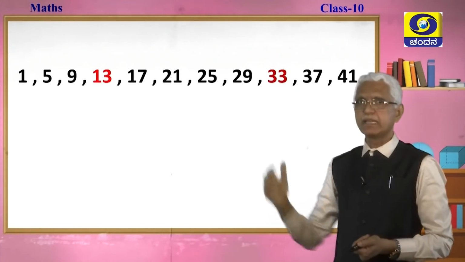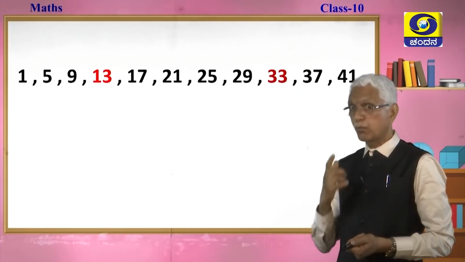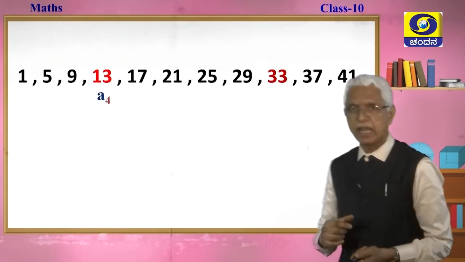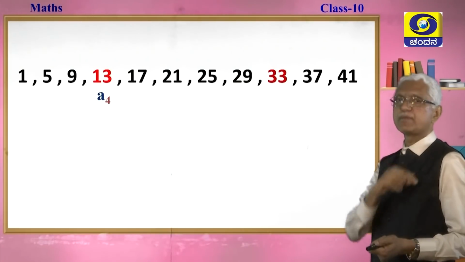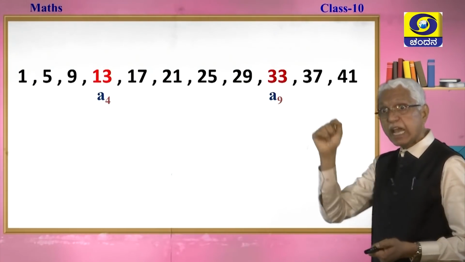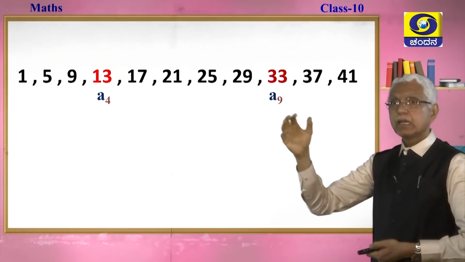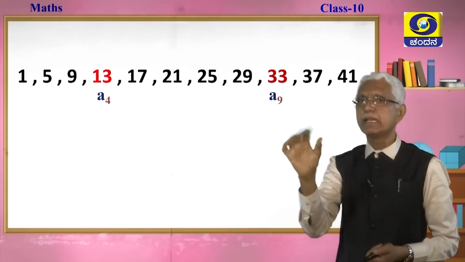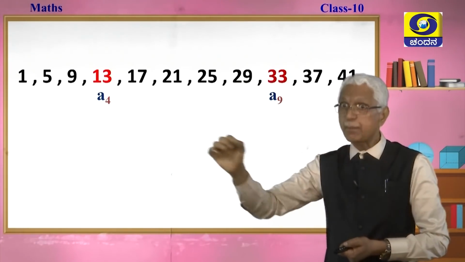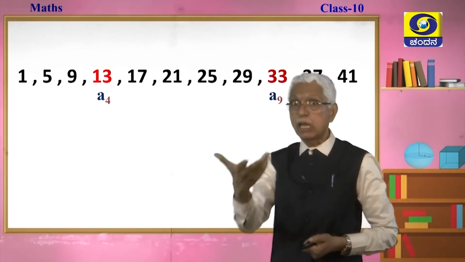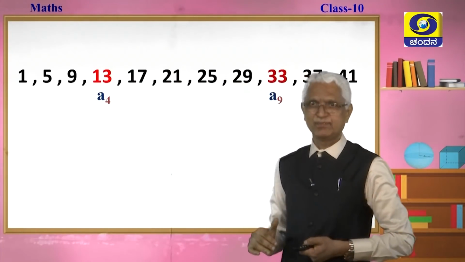I think we are working some more problems now. There is an AP given, 13 and 33 are marked red. 4th term is 13, 9th term is 33. See, in the examination, how will they give you the problem? In an AP, 4th term is 13, 9th term is 33. They won't give you the whole AP.